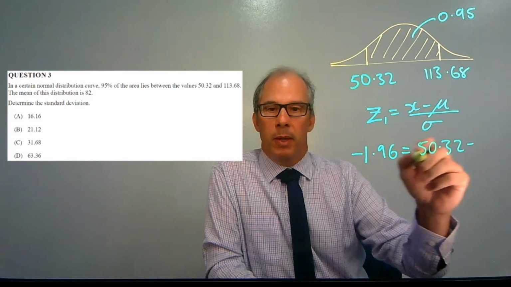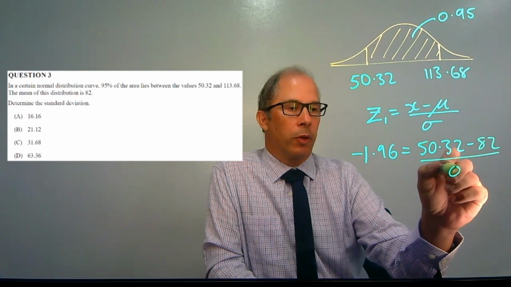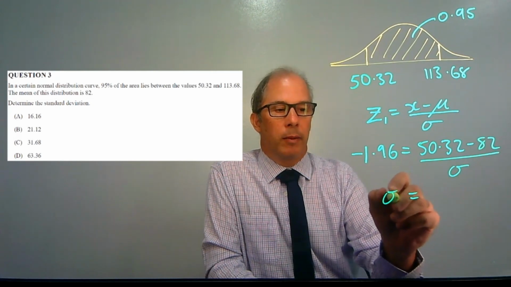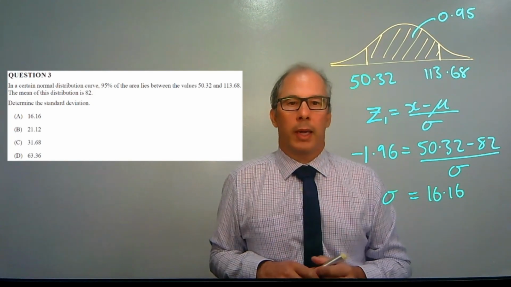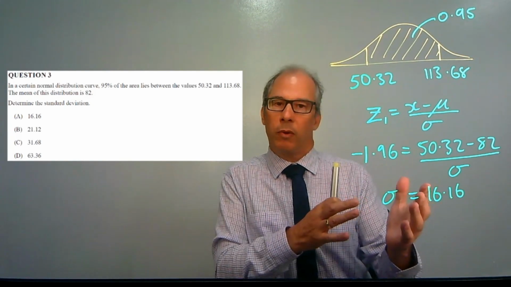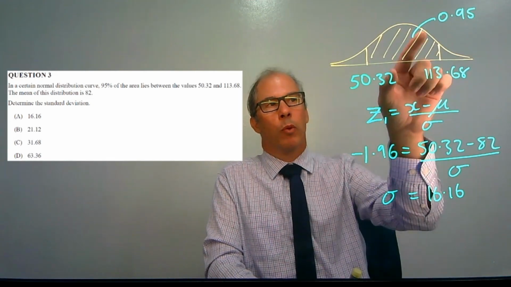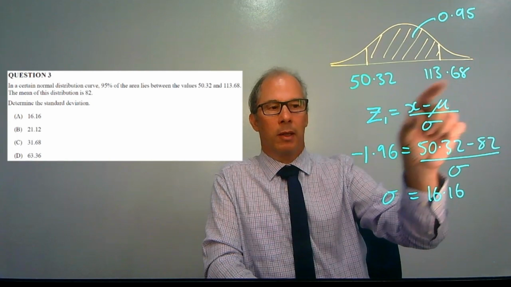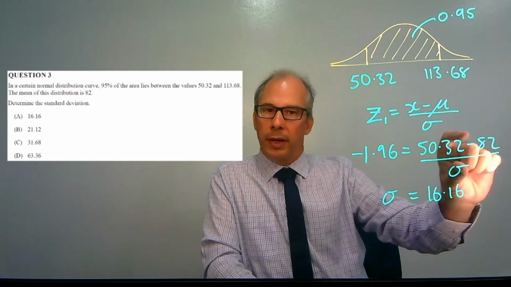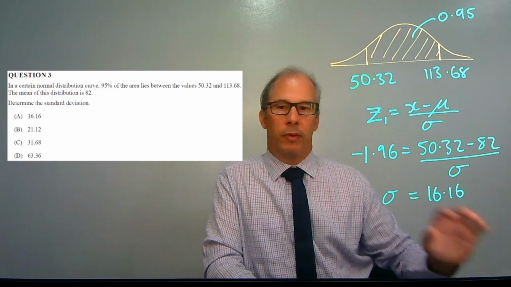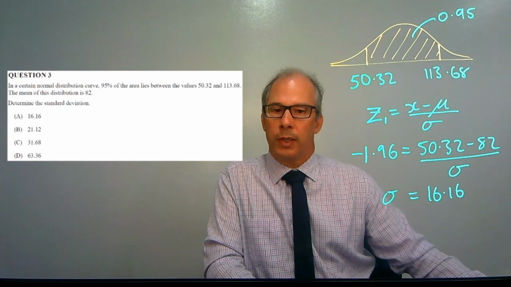They give us the mean, which is 82, and I've just got to rearrange that to find sigma, and I get 16.16 on my calculator. I could have used my calculator a different way, but I thought this was probably the easiest in the exam. Of course, I wouldn't actually be drawing a diagram like this. I'd probably just do the last 2 lines of calculation if I needed to show some working out. But that is answer A for question 3.